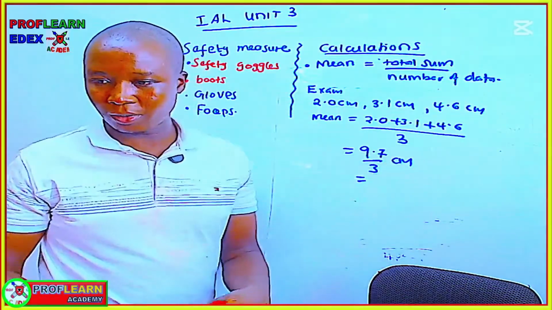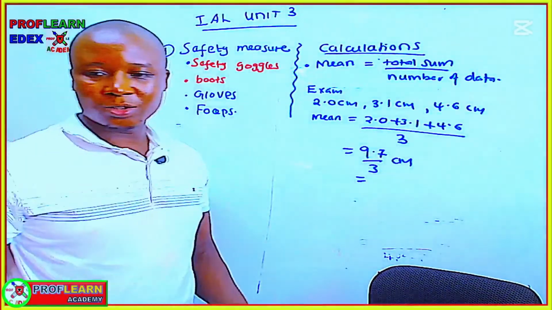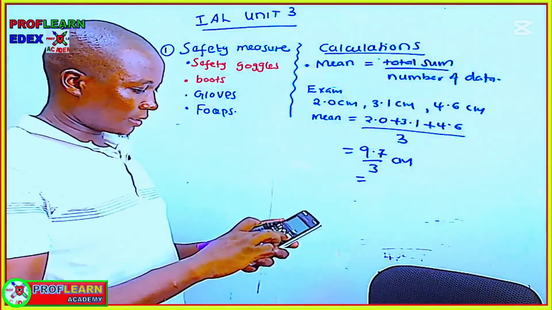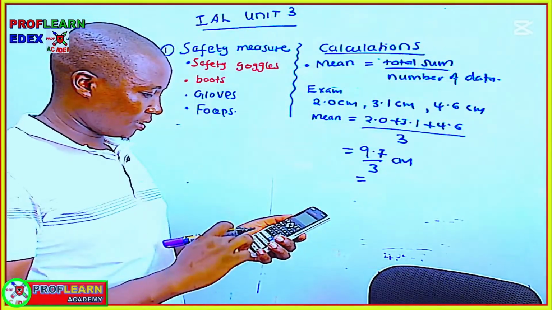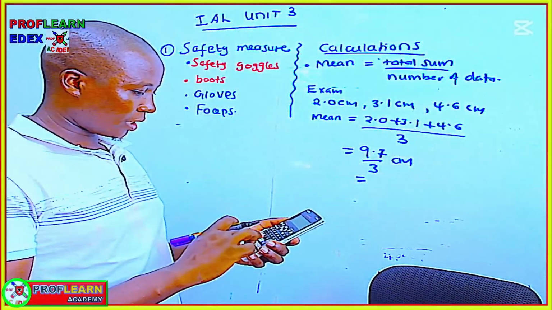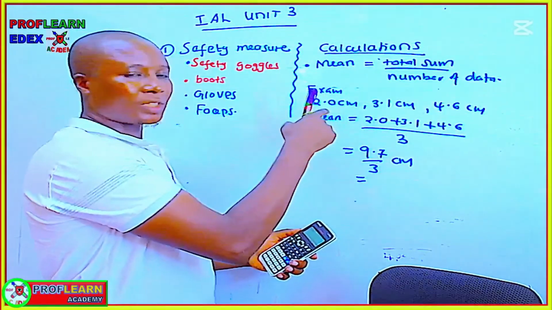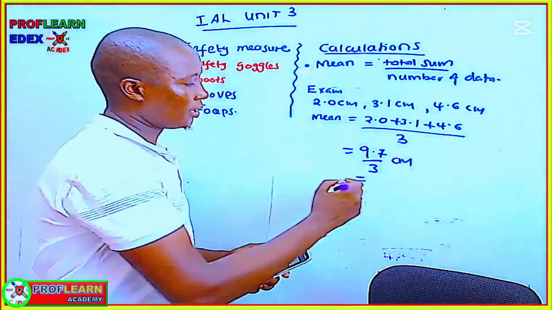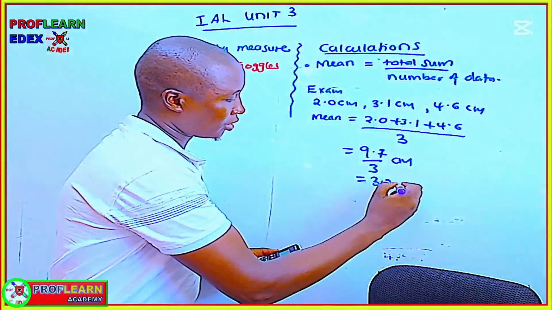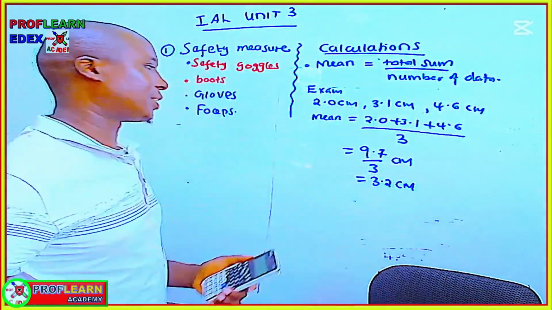So you can now put that in your calculator to get the answer. 9.7 divided by 3 translates to 3.2. You must give your answer correct to the number of significant figures that you have provided here, and that will be 3.2 centimeters.